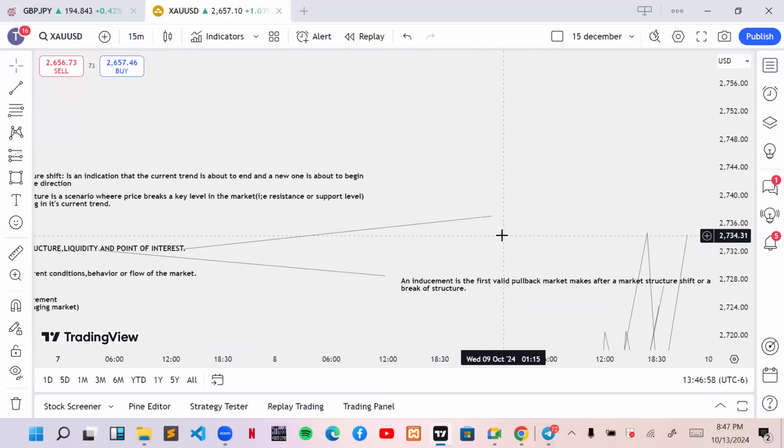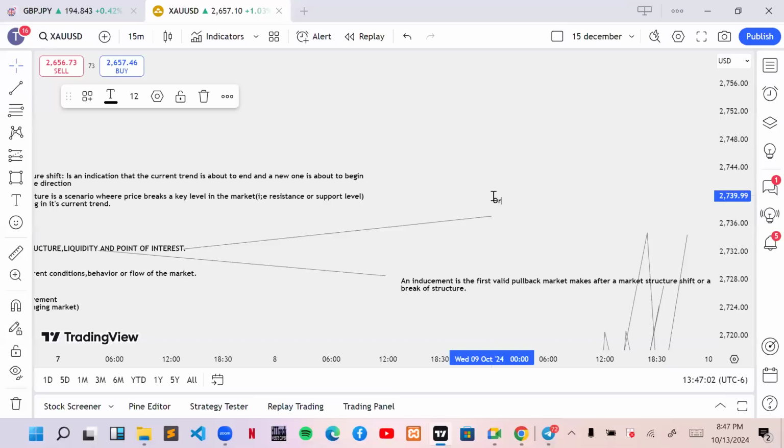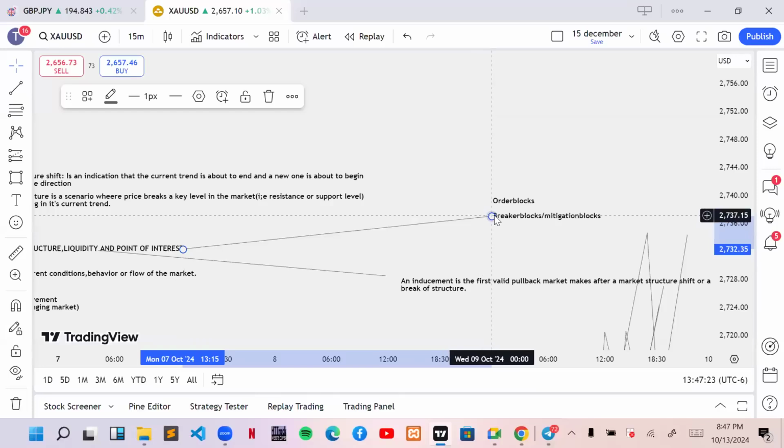I make use of 2 points of interest: the order blocks and the breaker blocks. So these are my 2 points of interest, my order blocks, and then my breaker blocks, slash mitigation blocks.